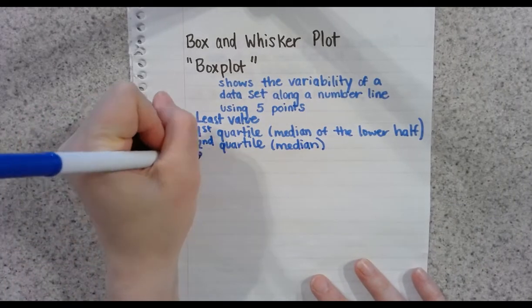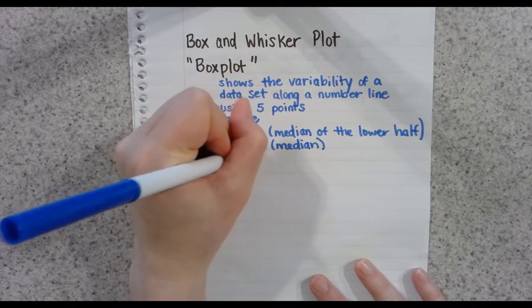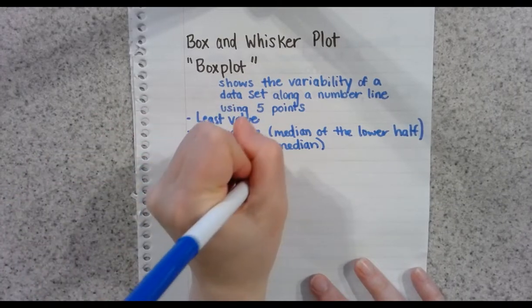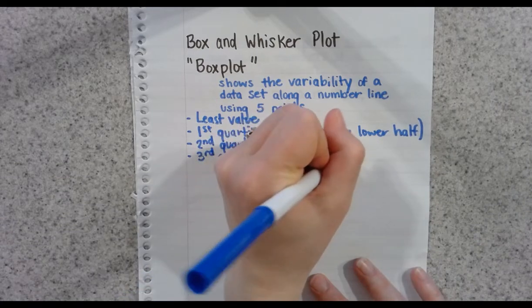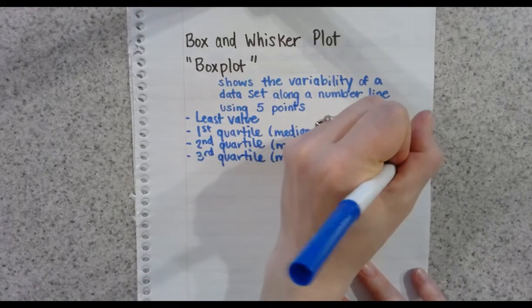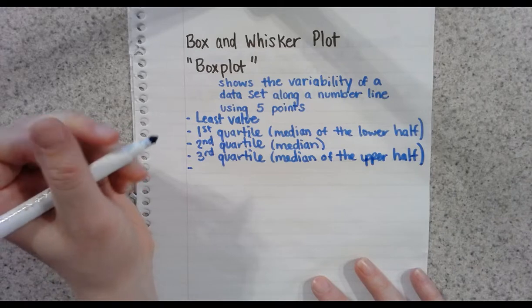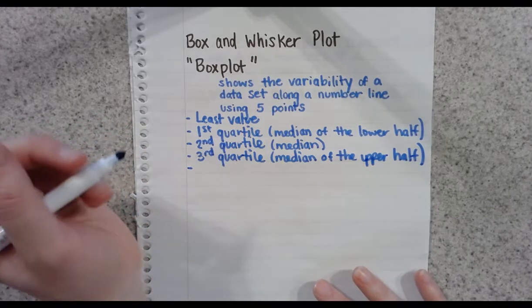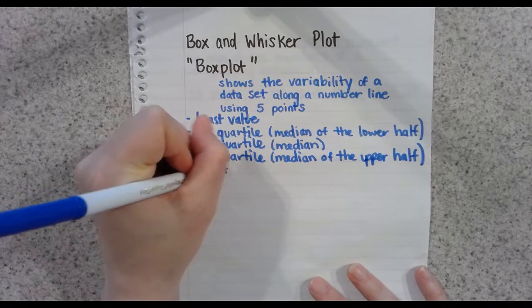Then we have the third quartile, and that is the median of the upper half of the data. And the last of the 5 points that make up the box and whisker plot is the greatest value in the data set, the largest number.